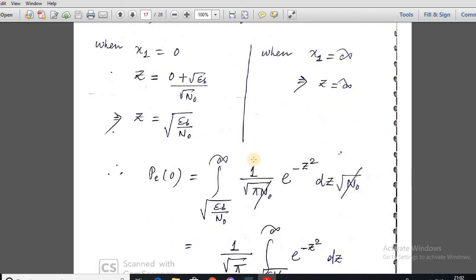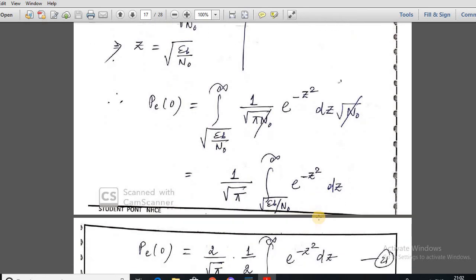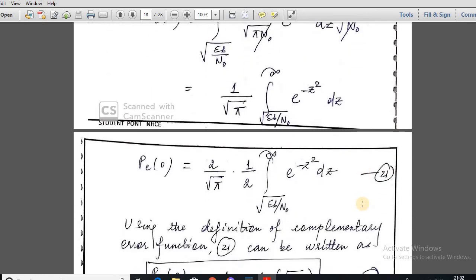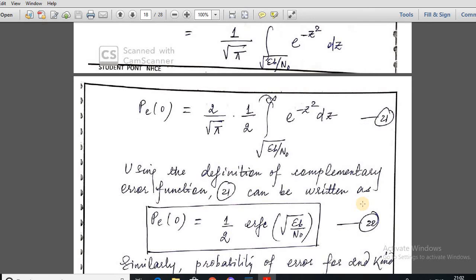Now changing the variable of integration and changing the limits, we have this particular expression, and with a few cancellations of root over of N0 and root over N0, the left out equation is 1 by root over of pi, integration from root over of Eb by N0 to infinity, e to the power minus z square dz. Again, I can use the complementary error function definition to rewrite the above expression.